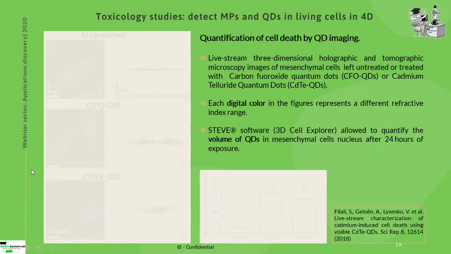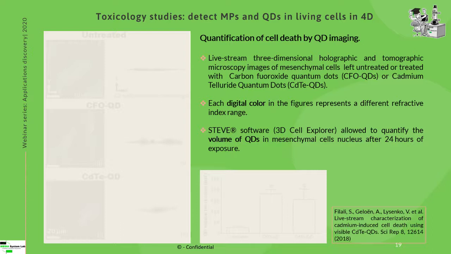As a final example of these toxicology studies, in this case we monitor quantum dots. In this case we have fluoroxide quantum dots and cadmium telluride quantum dots, and those quantum dots are used for treating the cells and inducing cell death.